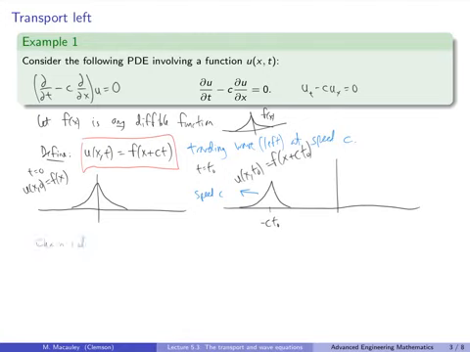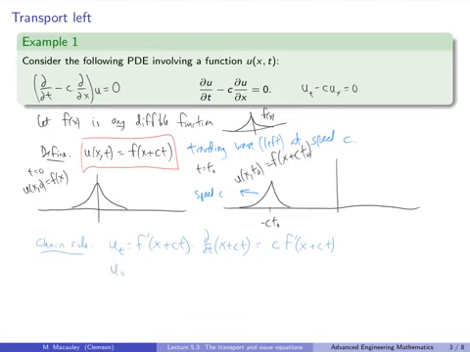By the chain rule, if you're rusty on this, that's fine. u_t is the plain old derivative of this one variable function, f prime of x plus ct, times the partial derivative, dt, of the inside, x plus ct. And so that's just equal to c times f prime of x plus ct.